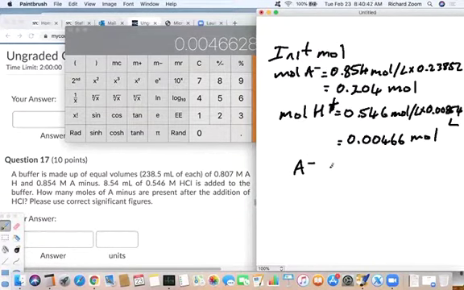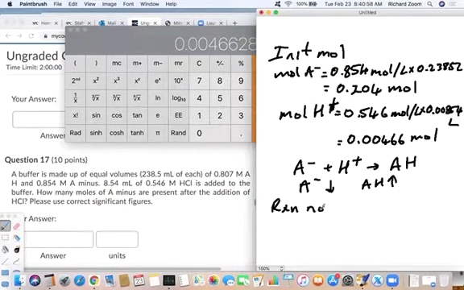Now, when we're looking at this reaction, it's A minus plus H plus gives AH. So we're expecting the A minus will go down and the AH will go up. So that means that the reaction moles of A minus now will be the initial moles of A minus minus the initial moles of H plus.